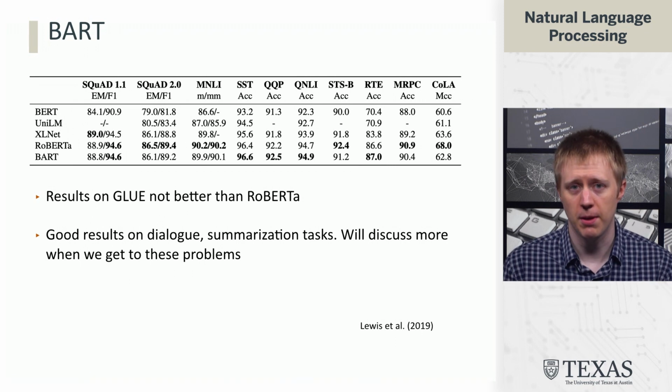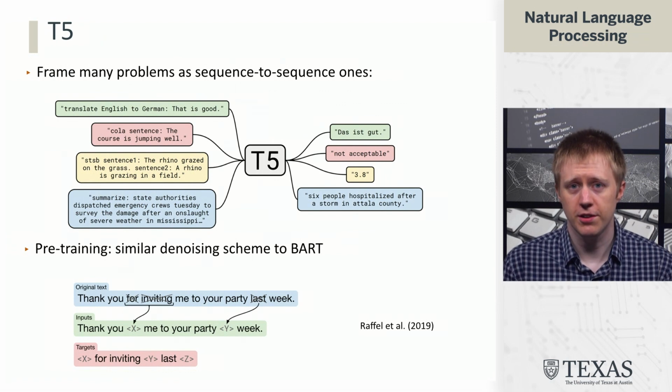So there are other methods that are also fit to things like summarization, either single document or multi-document, or translation or things like that. A competitor released around the same time was the so-called text-to-text transformer framework from Google, from Raffel et al. This has some of the same motivation as these other models in that we want to frame everything as sequence-to-sequence tasks.